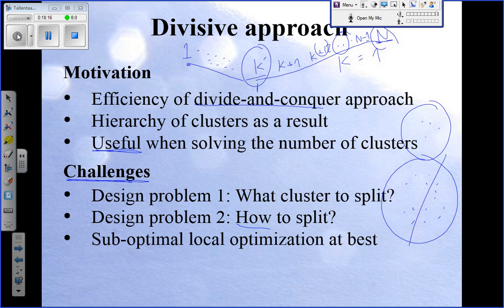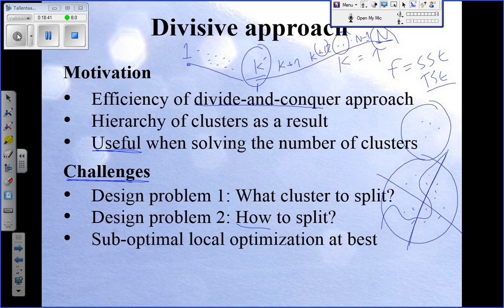Like that, or maybe like that. Because of this splitting, if we have some cost function, let the cost function be sum of squared errors, we can of course make the split trying to optimize the same function.